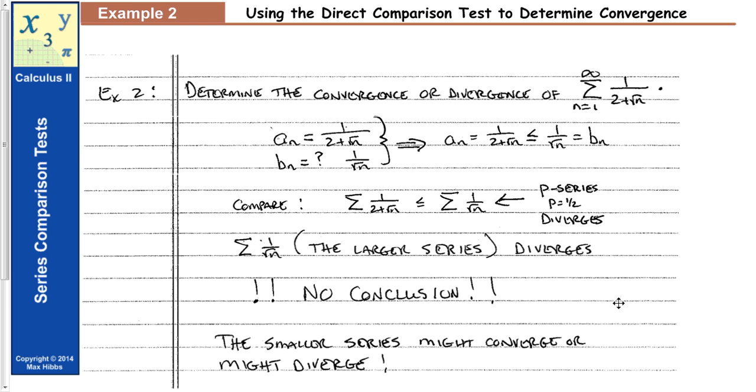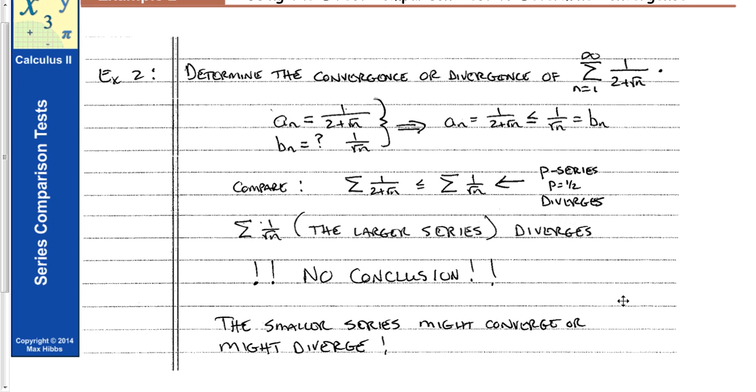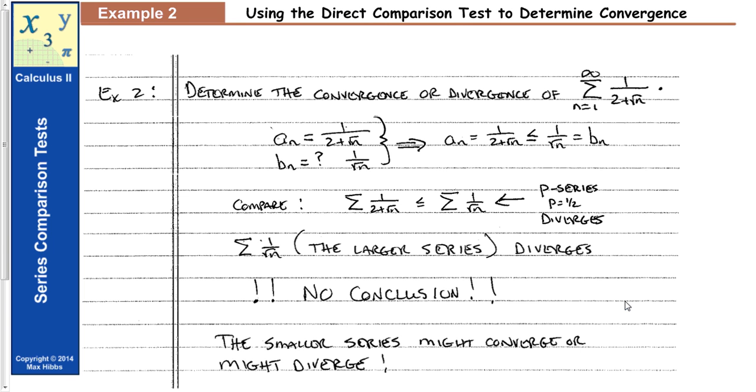So the test in this case is inconclusive. It's not something that we can always use, and sometimes it's difficult to use at all. So be careful. Just because we know the larger series diverges, that tells us nothing about the smaller series. Or if we know the smaller series converges, that tells us nothing about the larger series. I think I've warned you enough about that, haven't I? Let's move on.